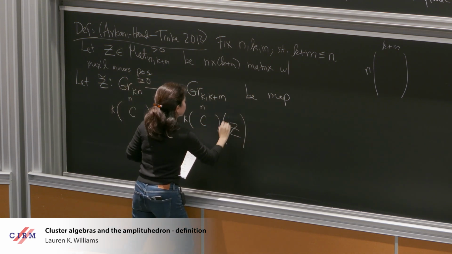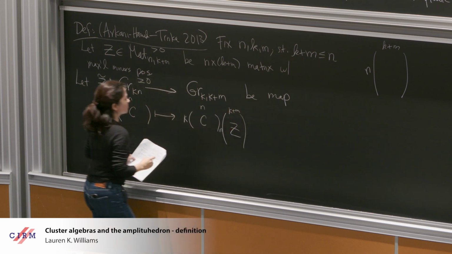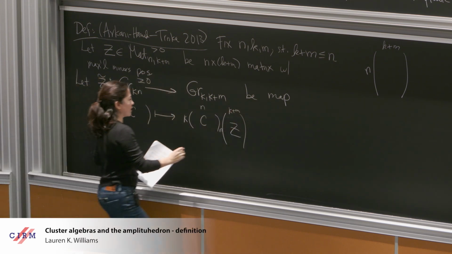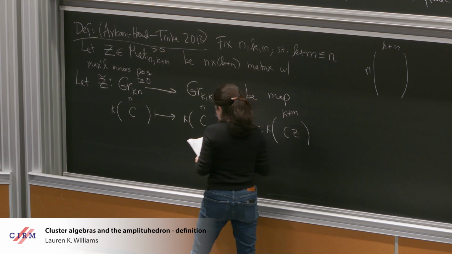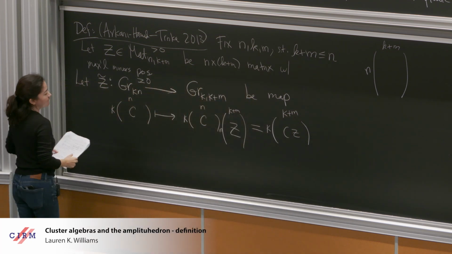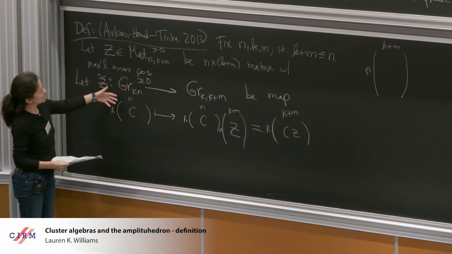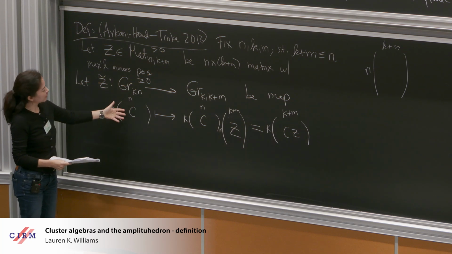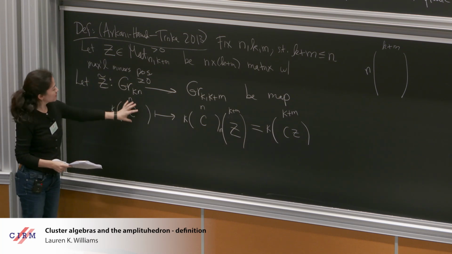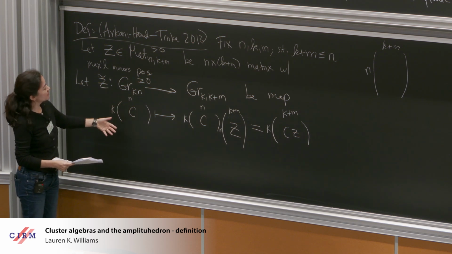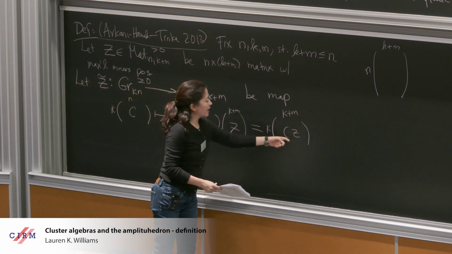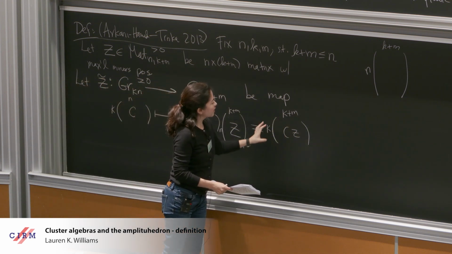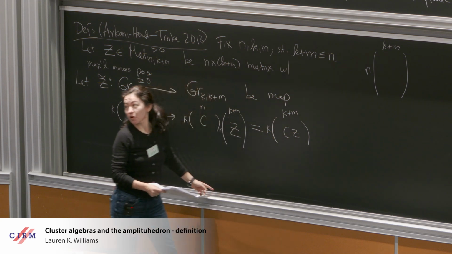So Z is n by k plus m, so this matrix product CZ is a k by k plus m matrix. And again, remember, I'm always identifying matrices with their row span. So this matrix C represents an element in the Grassmannian of k planes in n space, and I will identify this k by k plus m matrix with its row span.